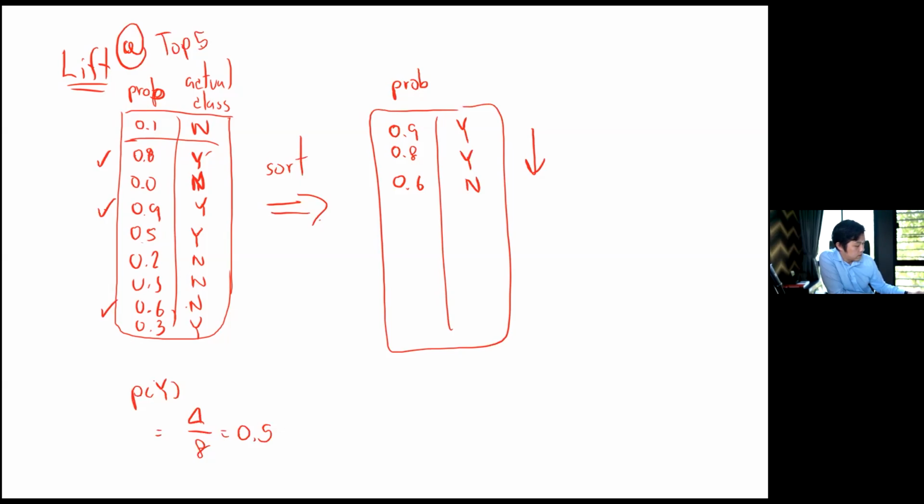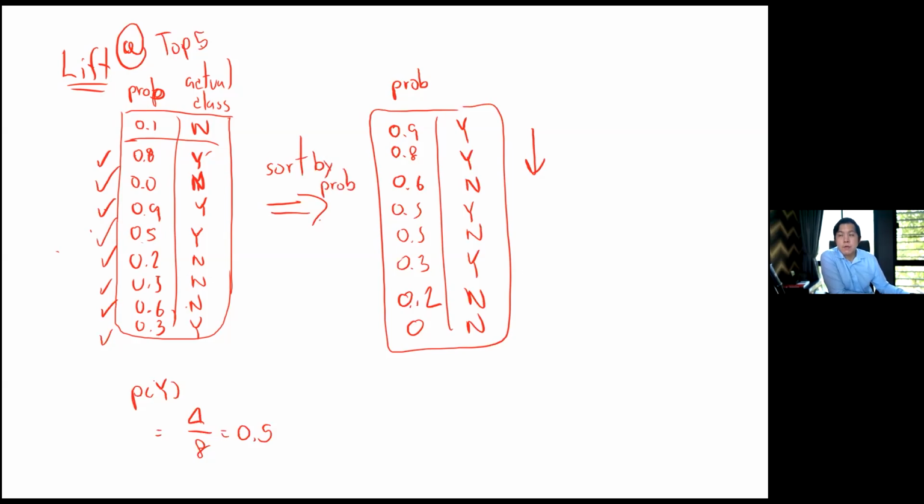Whatever. 0.5 and 0.5, this is 1 yes, 1 no. 0.4, no, we don't have that. 0.3, yes. 0.2, no. And 0, no. Right? So here's the result after sorting by probability.